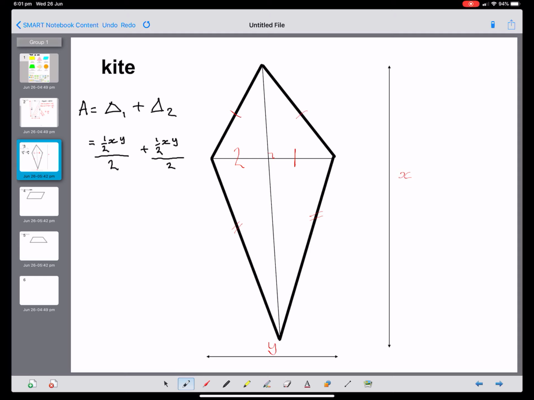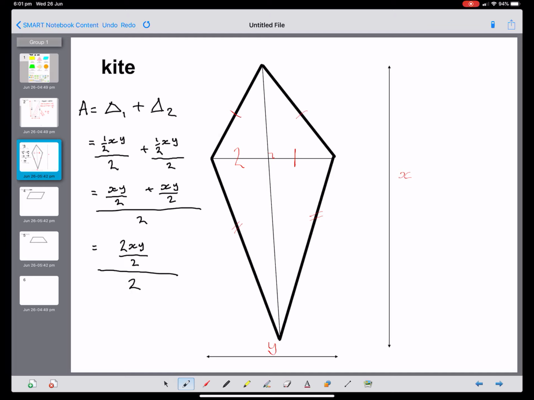Okay, so we can start rewriting this. This is the same as xy all over 2. That is the same as xy all over 2. And don't forget, everything's divided by 2. So we've got fractions with the same denominator, so we can just add them to get 2xy all over 2.